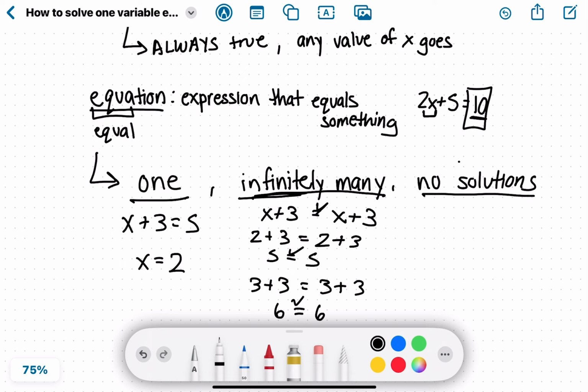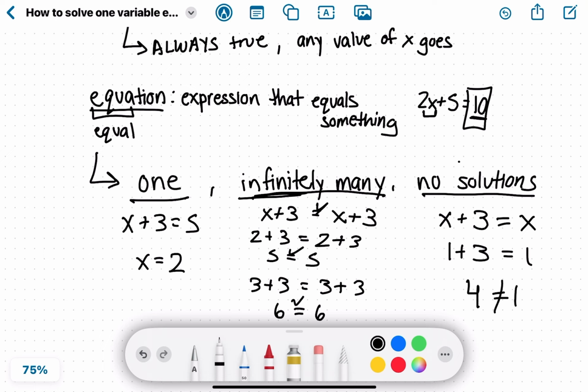And no solutions is exactly as it sounds. There is no value for x that will make the solution work. So, x plus 3 equals x. Nothing plus 3 equals itself. It's not possible. Let's say 1 plus 3 is 1.